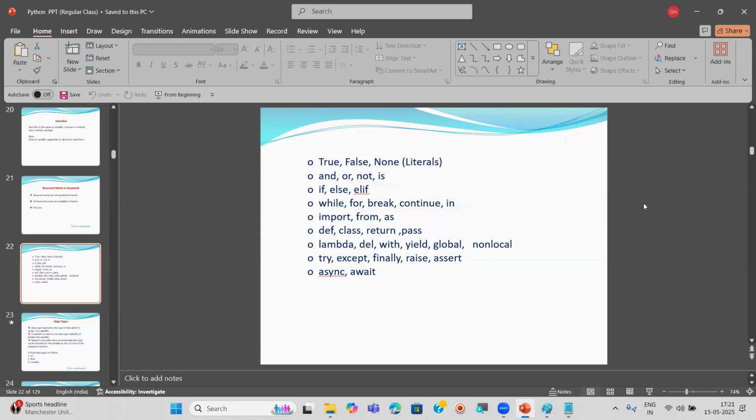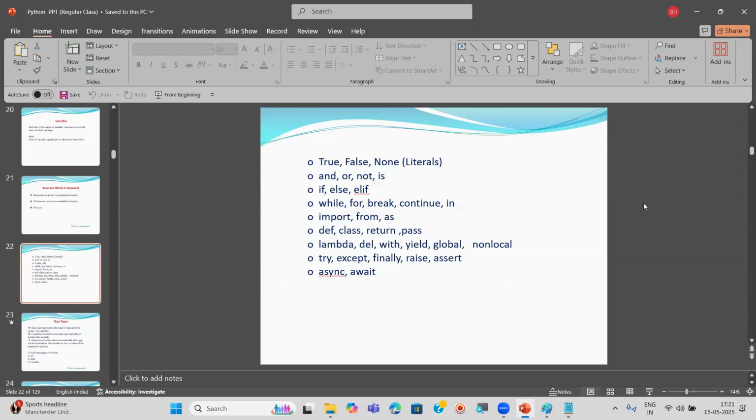Like True, False, None. These three are actually called literals. Literal means constants. These three we can assign to a variable: A equal to True, A equal to False, or A equal to None. You can do it like that. That is called a literal. But the remaining cannot be assigned to a variable. That's why they are keywords.